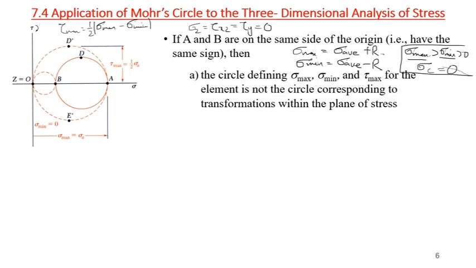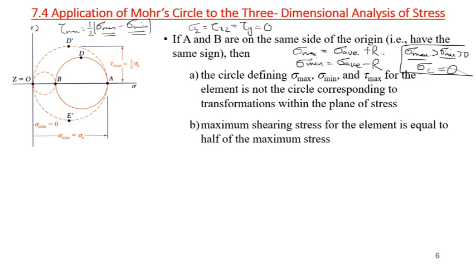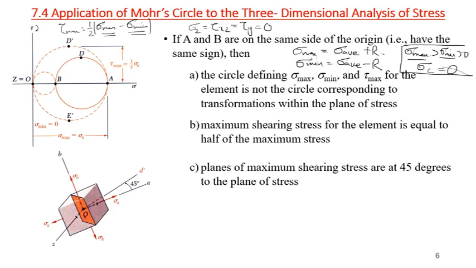Now sigma max you know from that formula, but the absolute minimum sigma is 0. So that is why the maximum shear stress is between the A principal axis and the Z axis, or on a plane 45 degrees to the A axis or Z axis.